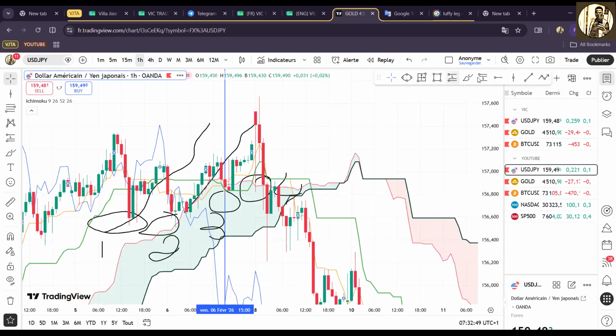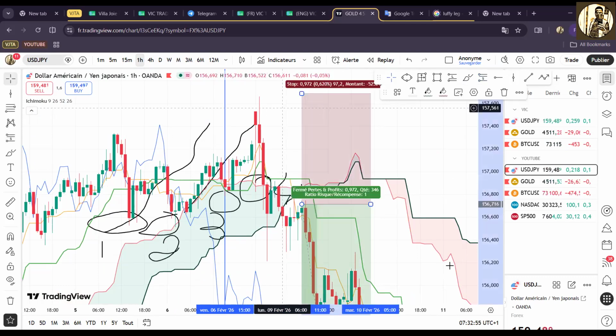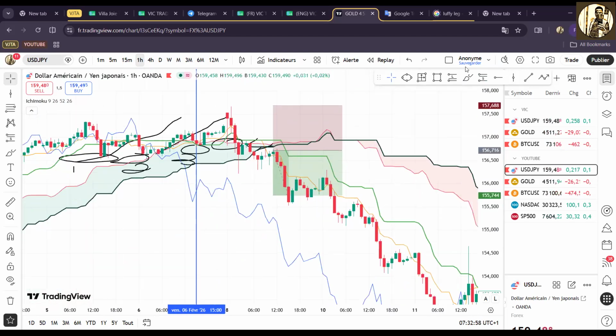What you will see is that you sell this Tenkan inverted here. Anyway, Tenkan inverted has not been touched at this level. Tenkan has been touched the first time here.